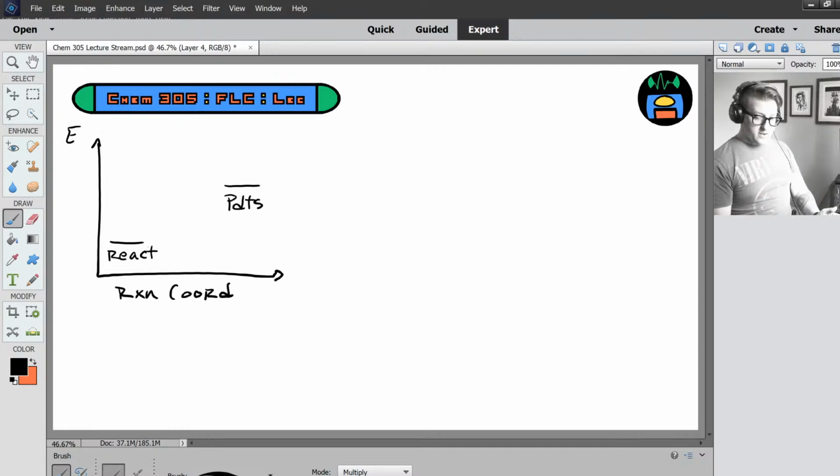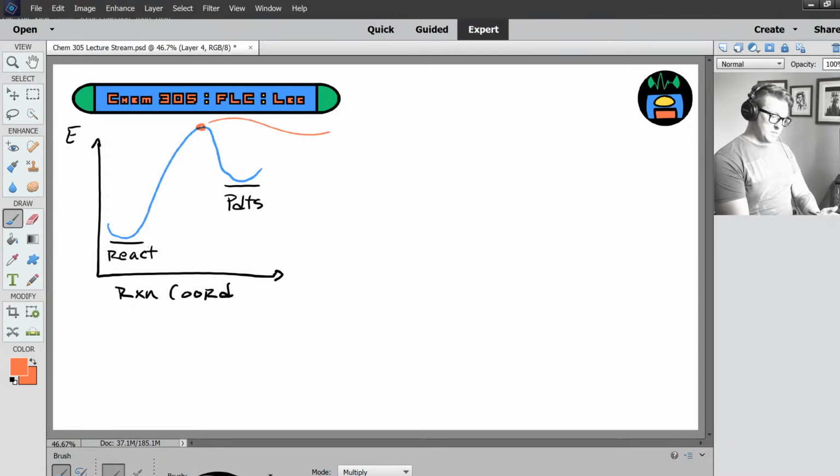All right, and for this scenario, we can draw our reaction coordinate. Again, this highest peak is where the collision occurs. This is our transition state.